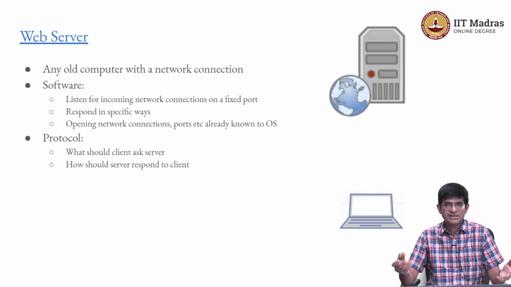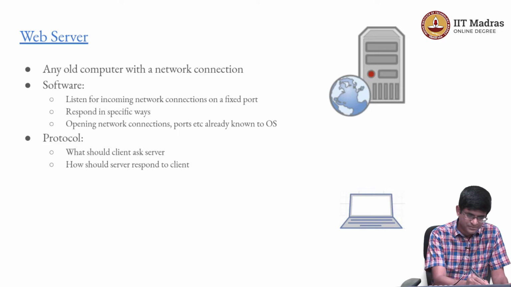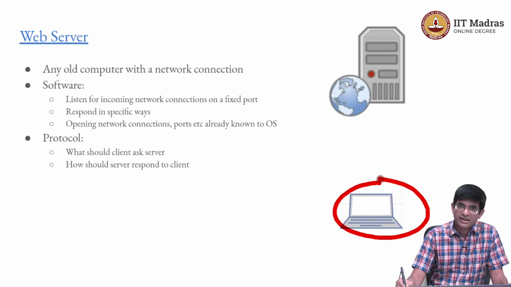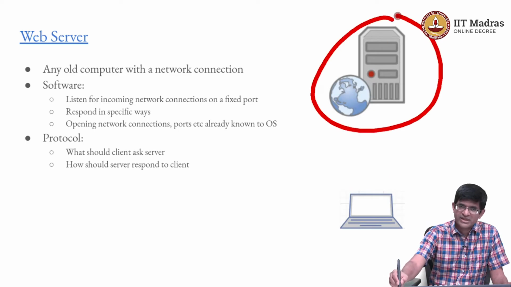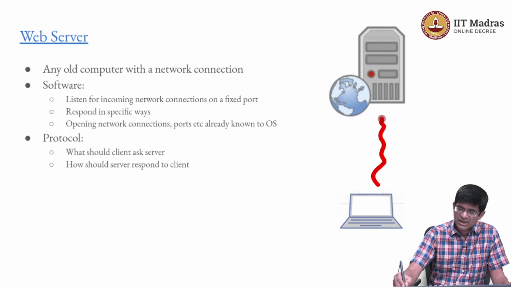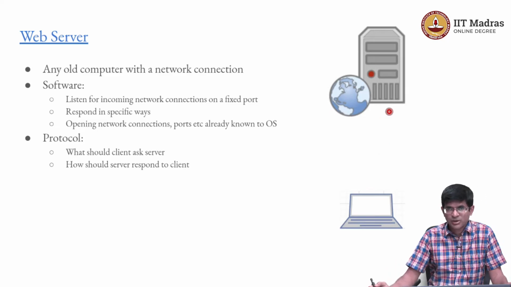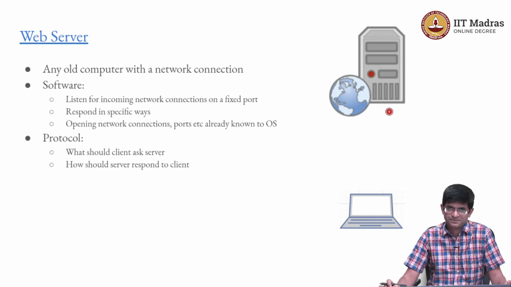So all that happens is there are some bytes which are sent from computer A. For example, I have my client, which is a laptop, I have a server here which is sitting somewhere else, and in between them I have a network. On this network, the client, the laptop, sends a set of bytes. Within those bytes it has some header information. As part of the header information, it puts in extra detail saying, I want to connect to this port on the server.